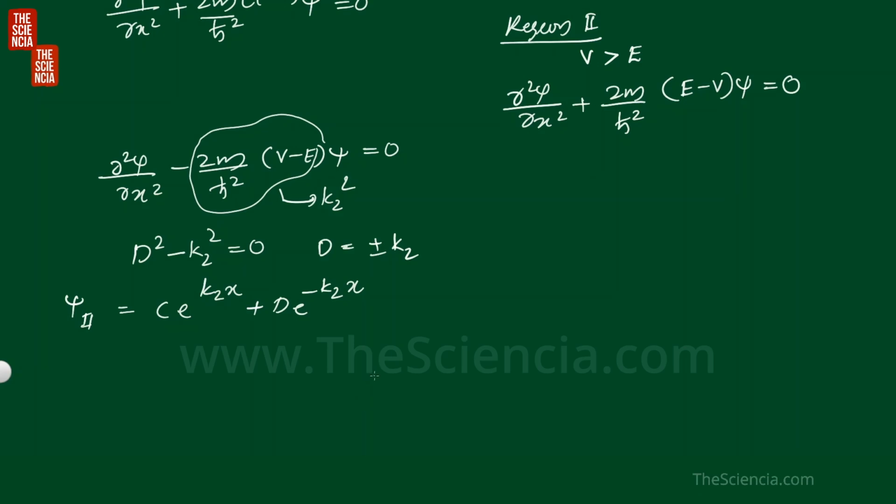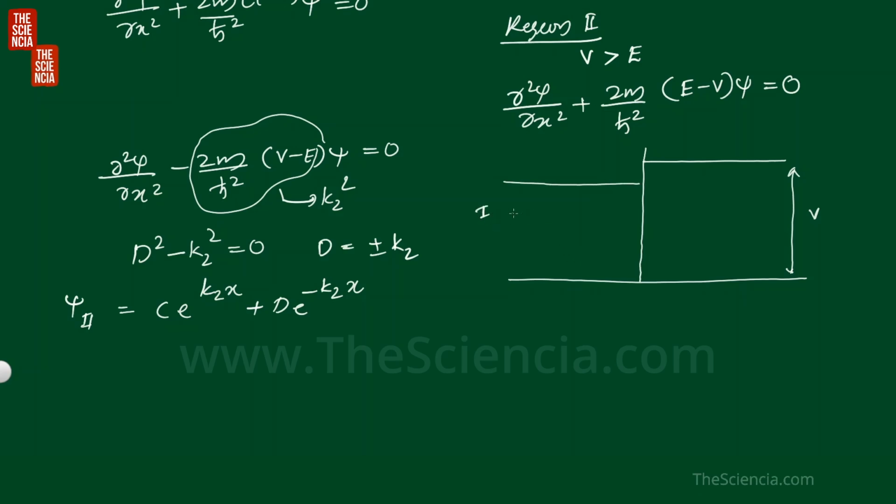Here we got the wave function in regions 1 and 2. That is, this is our step potential of height V, and the energy of the particle is less than the potential. So there is an incident wave.